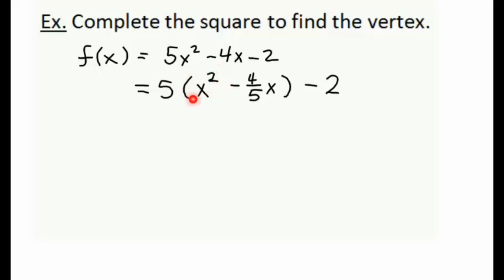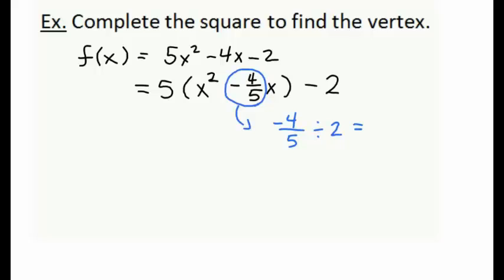Now that we have a coefficient of 1 in front of the x squared term, we can work through our procedure. We're going to take this value of negative 4 over 5, divide by 2, and whatever we get from doing this, we're going to square. Because we're working with fractions here, it's probably easiest if we write the division using the division symbol, and then we flip and multiply.